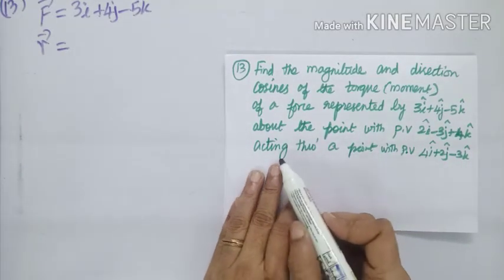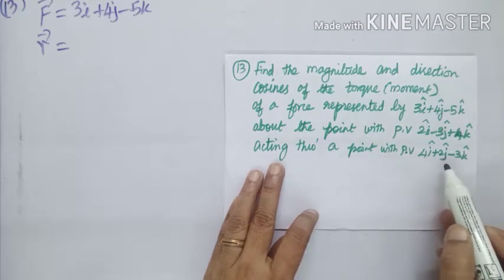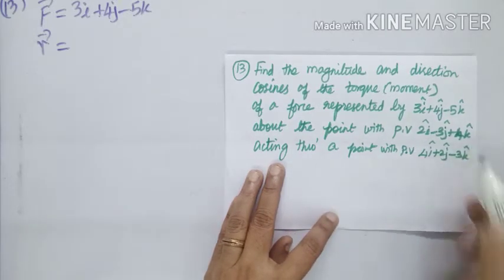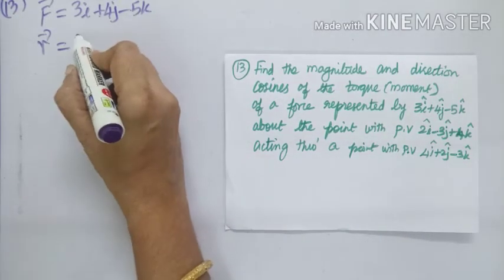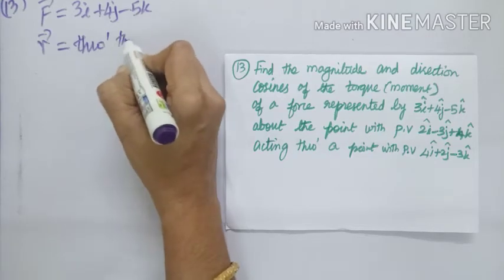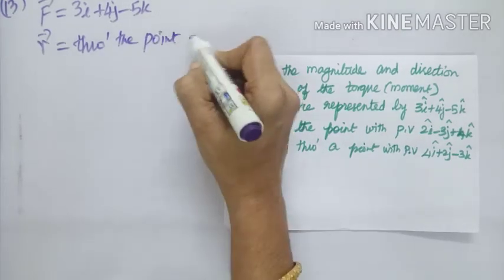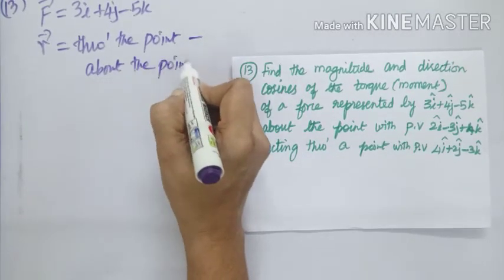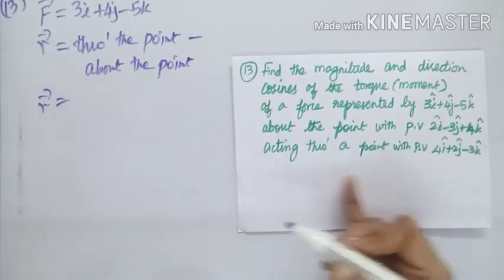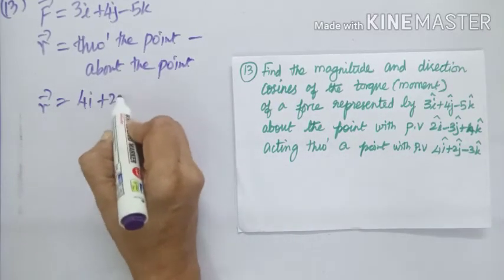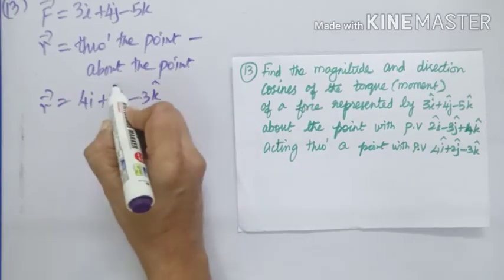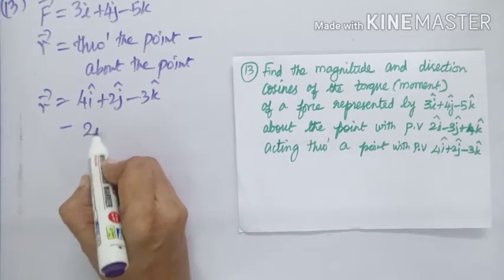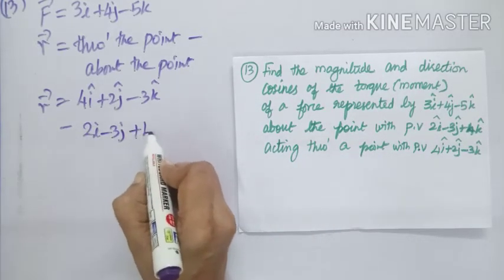So they have given acting through the point with position vector this, and about the point with position vector 2I minus 3J plus 4K. So what is the formula for R? We say through the point minus about the point. So in this question, through the point is 4I plus 2J minus 3K, minus about the point is 2I minus 3J plus 4K.